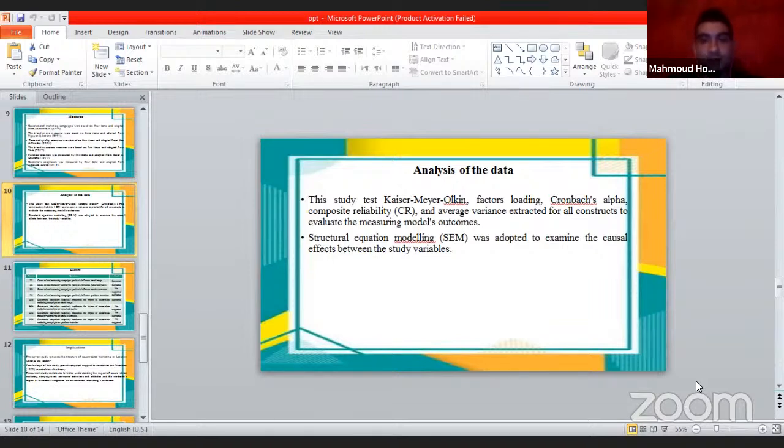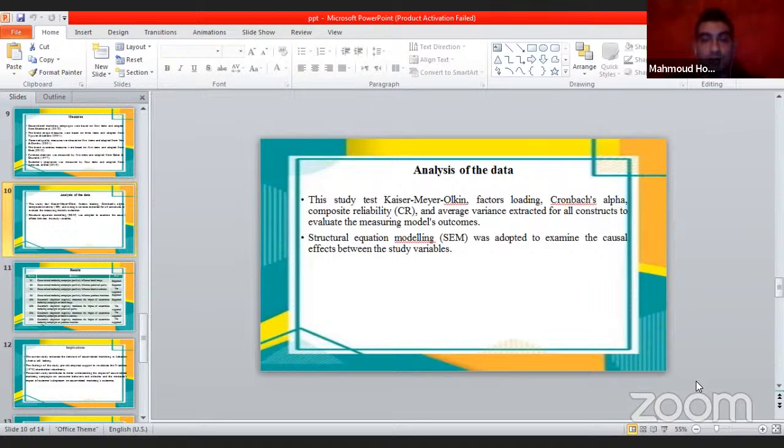Based on the analysis, the Kaiser-Meyer-Olkin was 0.925, which emphasized the adequacy of the data. Factor loading of all the items was above 0.5, ensuring that it is appropriate for analysis.